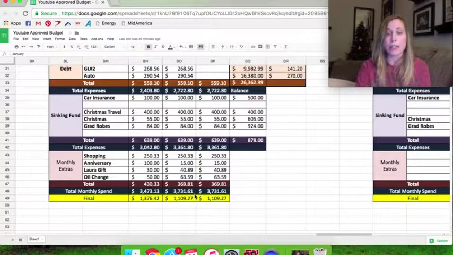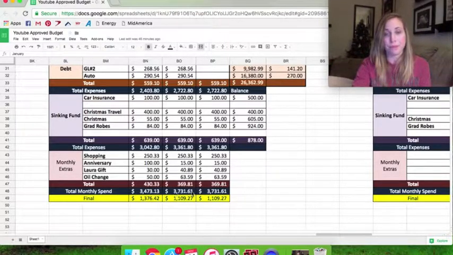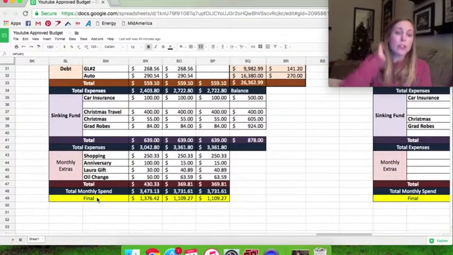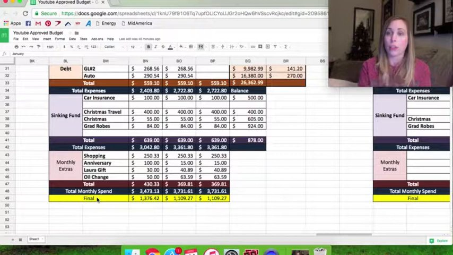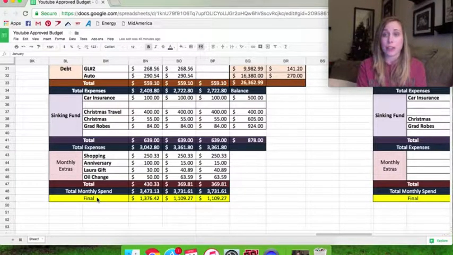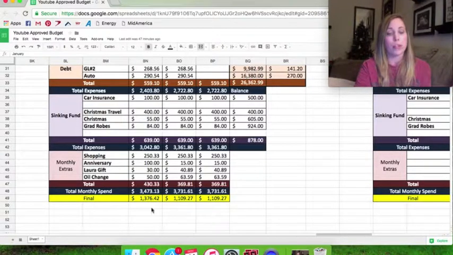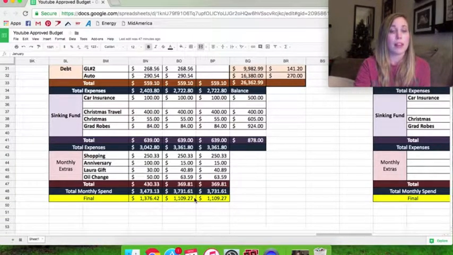So what I do is, from this total right here, in yellow you can see final. Final is how much I can actually put extra towards my debt every month. Basically whatever is left over I immediately put to whatever debt I have. So if I had stayed on budget, we would have had slightly more, around $1,300. I ended up putting $1,100 towards my debt this month.